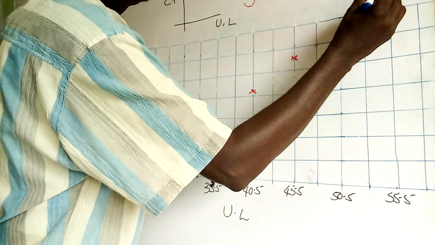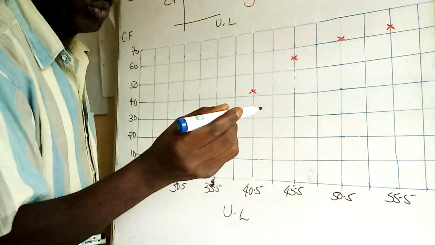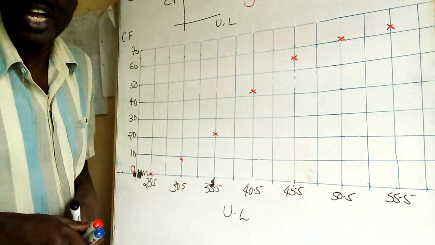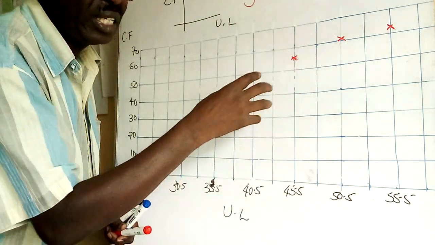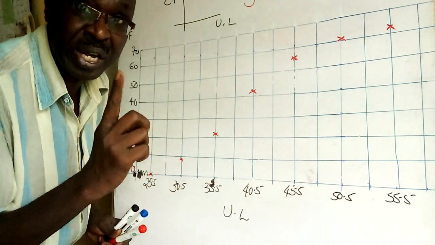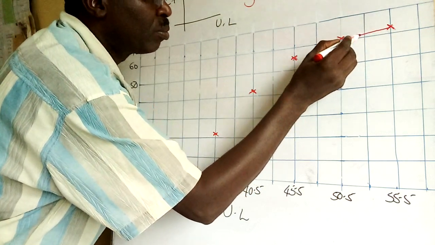Now I want to get the mark for the curve. Okay, mark for the curve. So it has to be smooth. We have to try our best. It will be easier for you with your graph book, but this board is slippery. I'll try my best. So I start from there. I come.